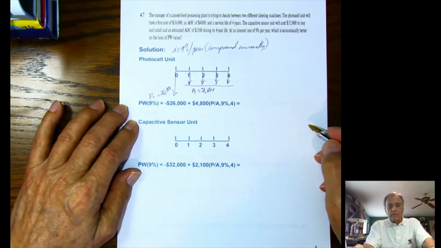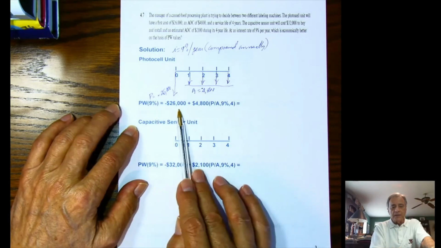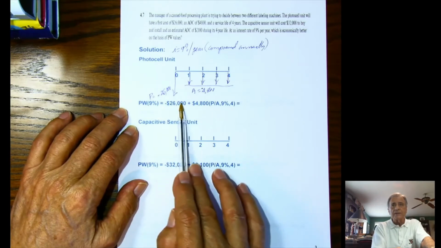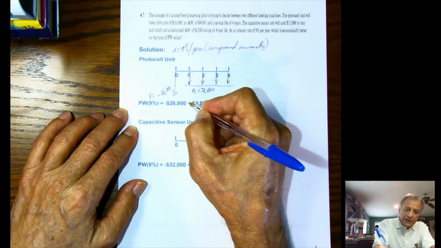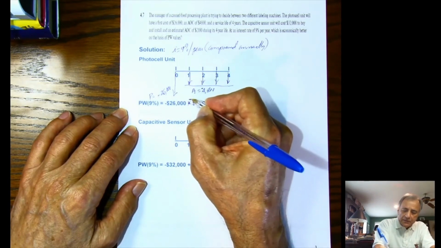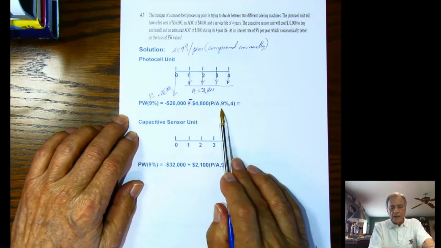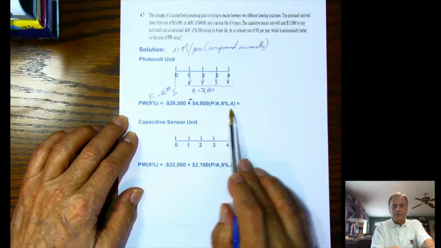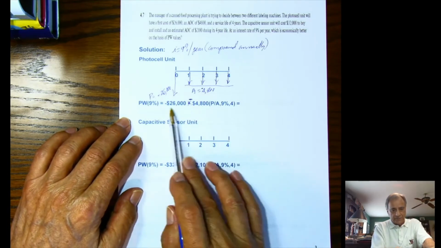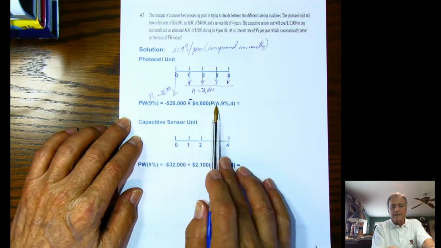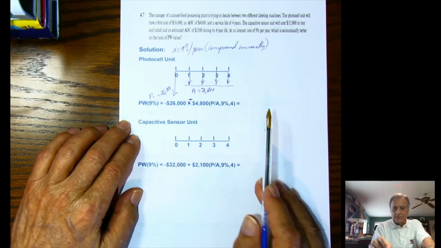And so I wrote the present worth equation at 9% is minus 26,000. That's at the present time. Plus, this should be a minus, plus a minus 4,800. So I'll just make this a minus sign here. Minus 4,800, P given A, 9% for 4 years. So we get the present value of this, and essentially take the present value of this. Both of those are negative, so they're additive in a sense, and we'll get a fairly large negative present value.